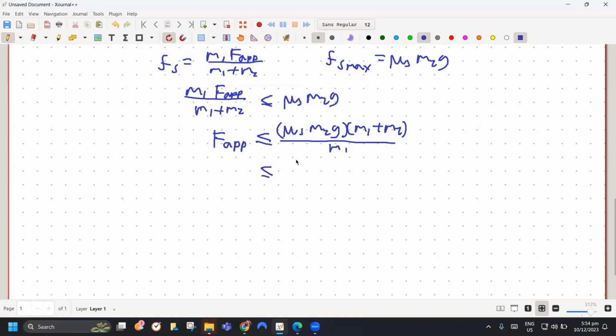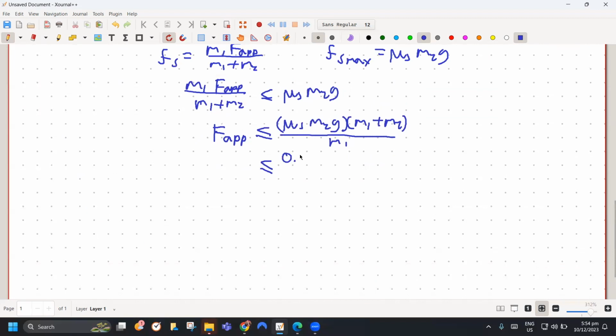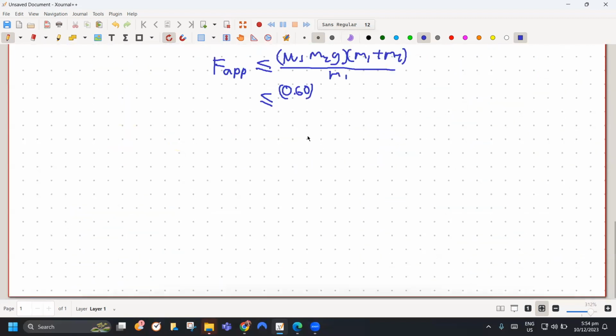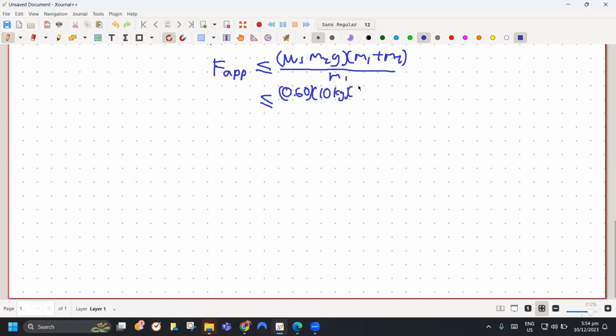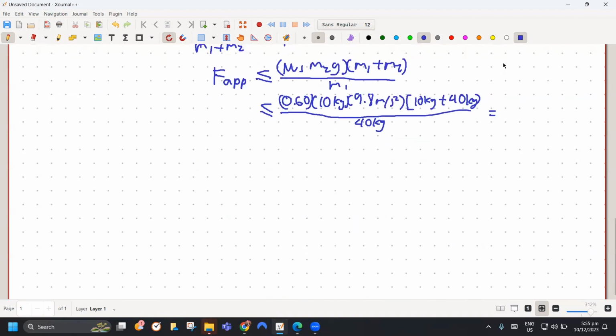For the given values, what value do we get? 0.6 times the masses. Wait, what are the two masses? 10 and 40, so this should be 50.